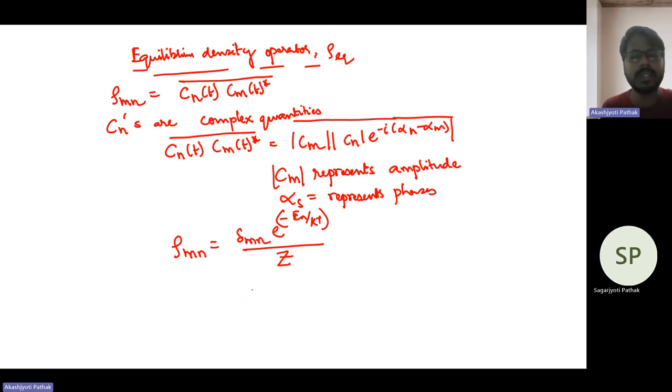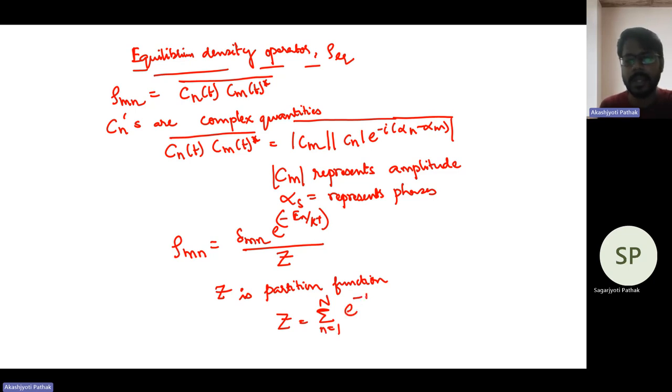Now, this Z is called the partition function. We will look into what a partition function is. The partition function is given by this equation: summation over n starting from n equal to 1 of e to the power minus En by kT.